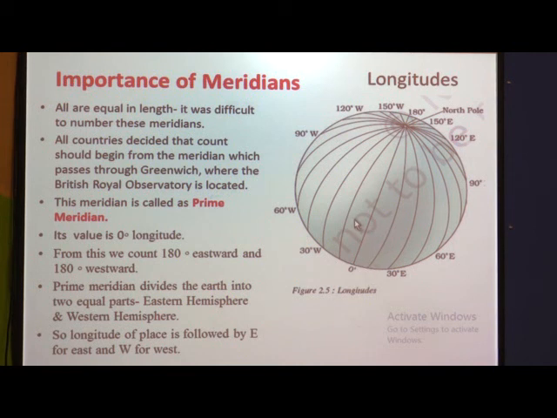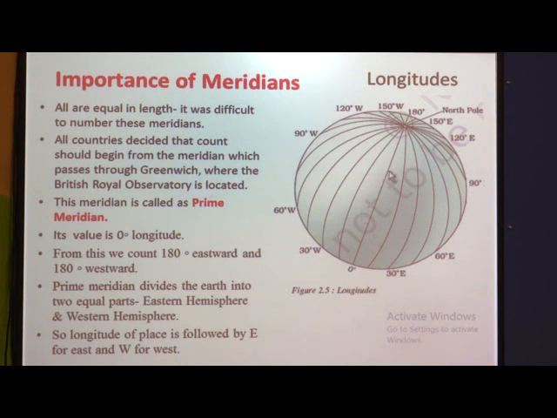Now prime meridian, see the importance. This prime meridian divides the earth into two equal parts. This is one part, this is the other part. This part is called the eastern hemisphere, and this part we will call the western hemisphere. The longitude of a place is followed by E, children.